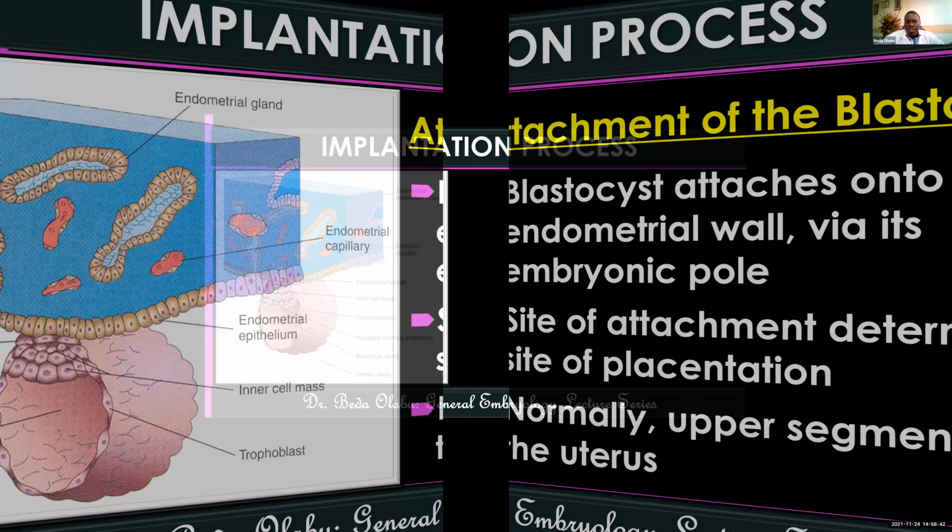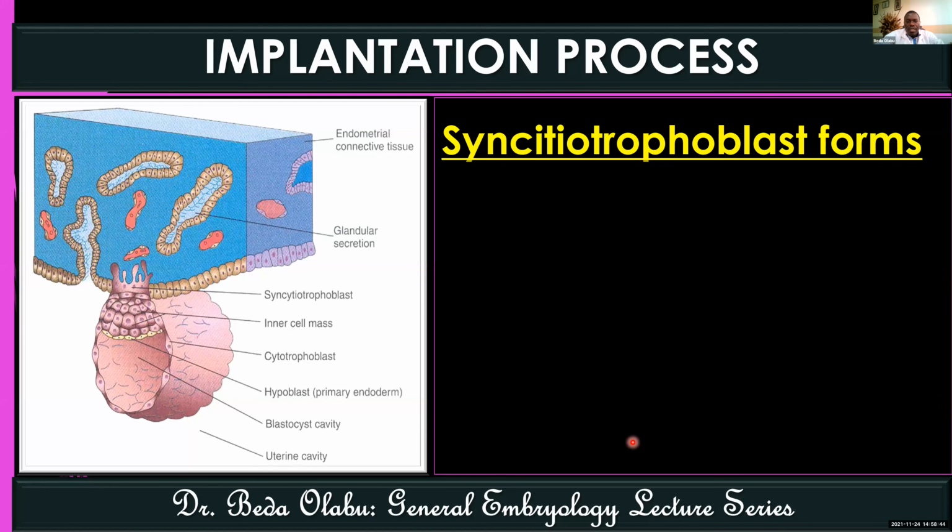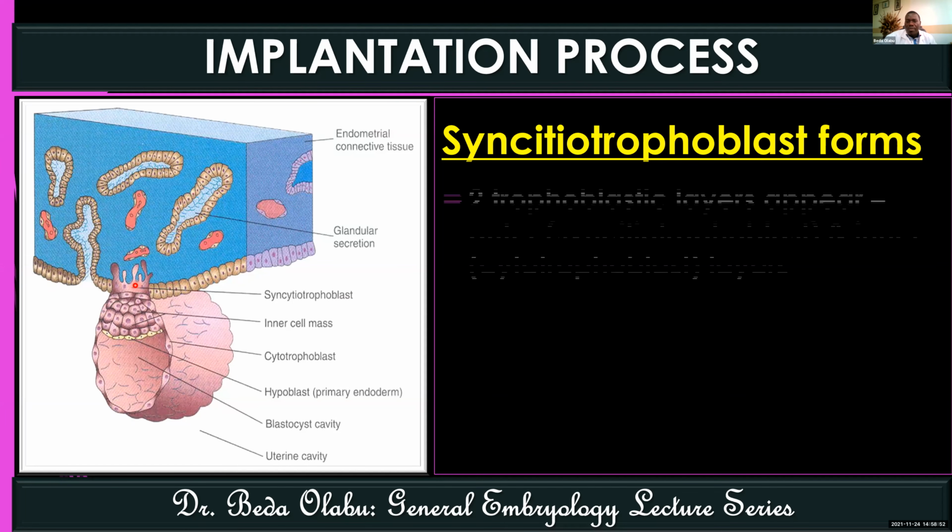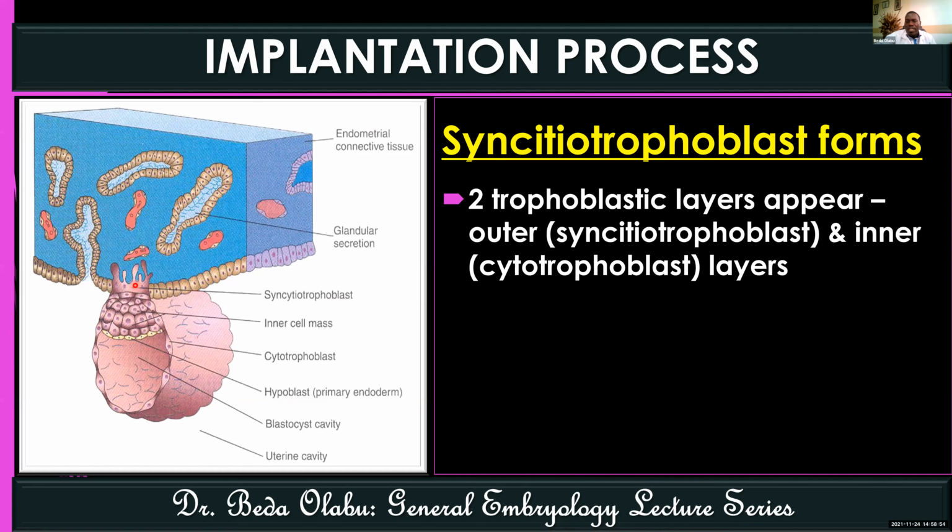After the attachment, the trophoblast differentiates into 2 layers. There's an outer layer where the cells don't seem to have definite cell boundaries.